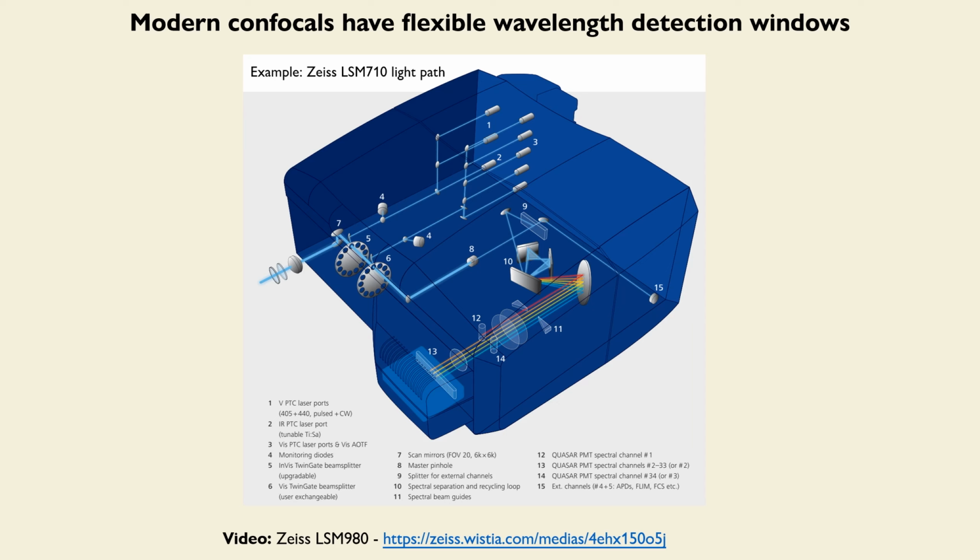So what you can see in this case is the light will go, let me just get a laser pointer. The light from the lasers, these are the lasers, it goes into the sample through here, and then the fluorescence light comes back. Element 8 is the pinhole. And then don't worry about everything that's happening here, but the light bounces off this element.